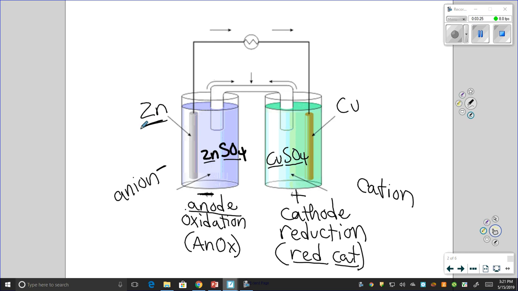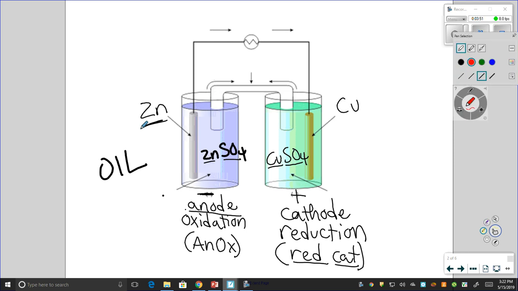Now, let's talk about the function of this voltaic cell and what it actually does. Because we have oxidation going on here in the anode, that means that we are losing electrons. Oxidation is losing. So when this reaction actually starts up, what happens is our electrons are lost from the zinc.